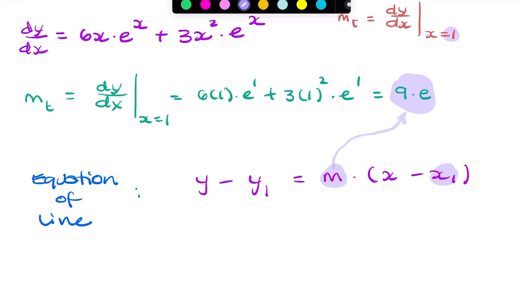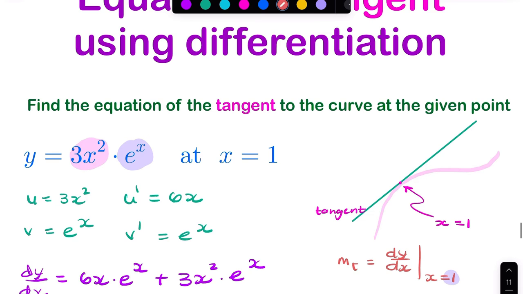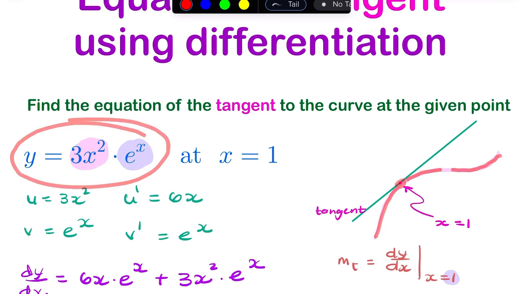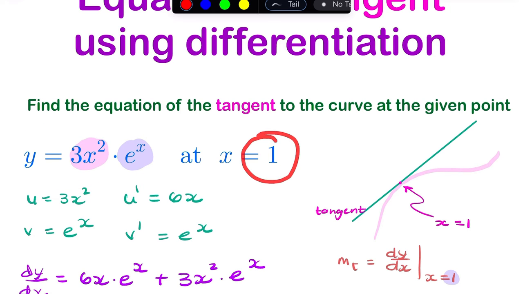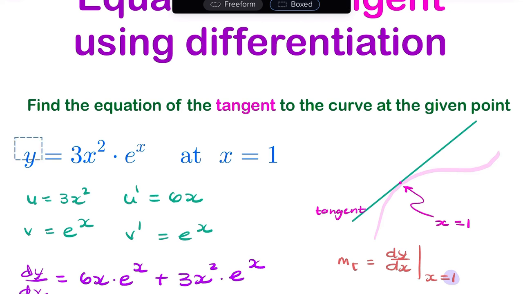We know x1 because that's given in the question. x1 is equal to 1. But we don't yet know the value of y1. We can find the y-coordinate of this point on the curve using the expression we have. So if you put 1 into there, that should give you your value for y.